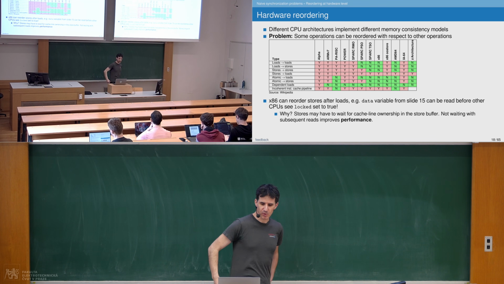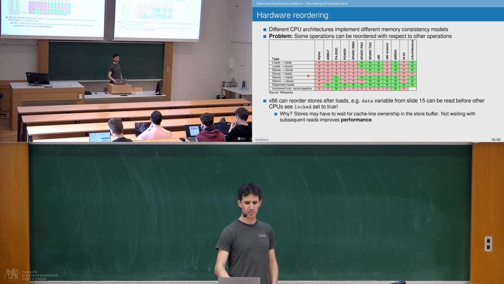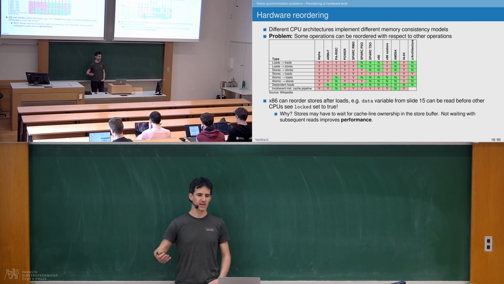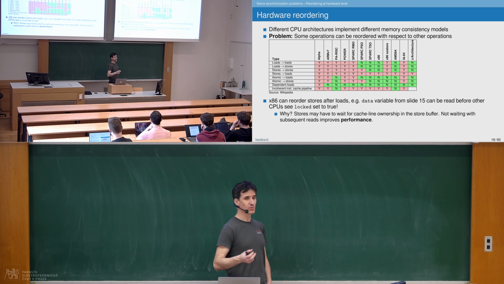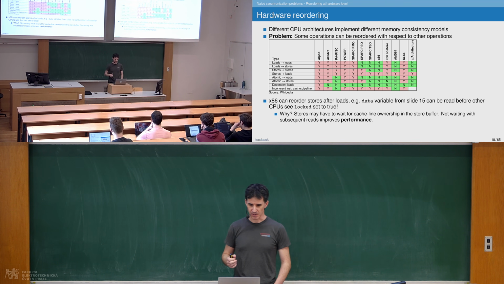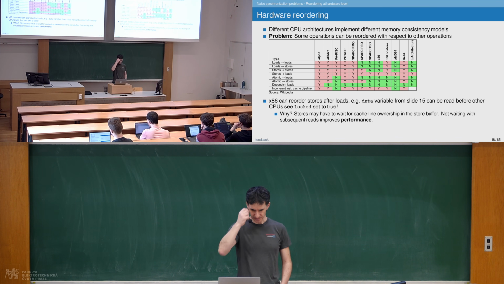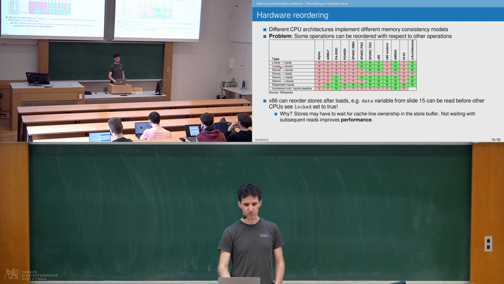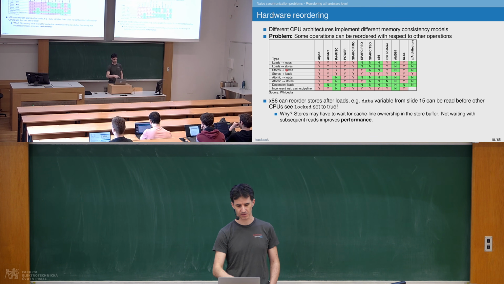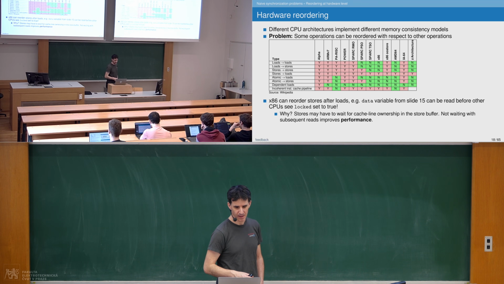Typically a memory consistency model is defined by, for example, this line, which corresponds to whether, if there is one load instruction followed by another load instruction, the hardware is allowed to execute those instructions in a different order. As you can see, many computer architectures allow reordering loads after other loads. Then other lines of the table cover loads reordered with stores after them, stores reordered with stores after them, and so on.